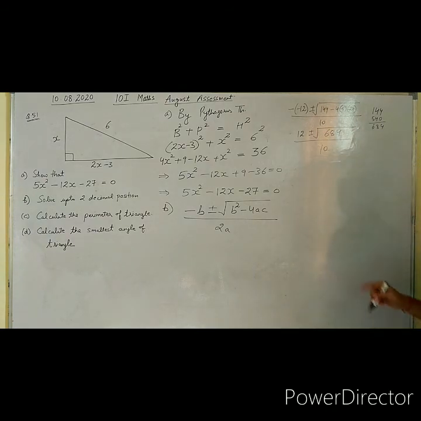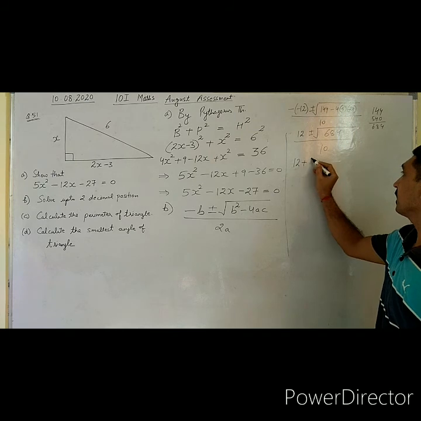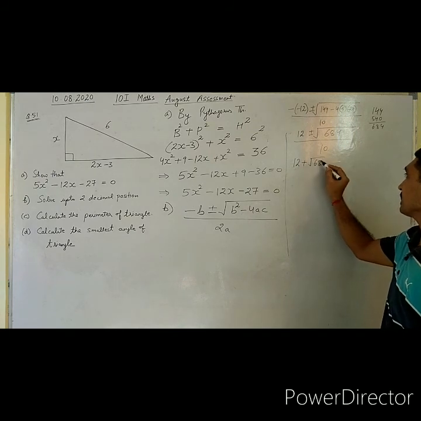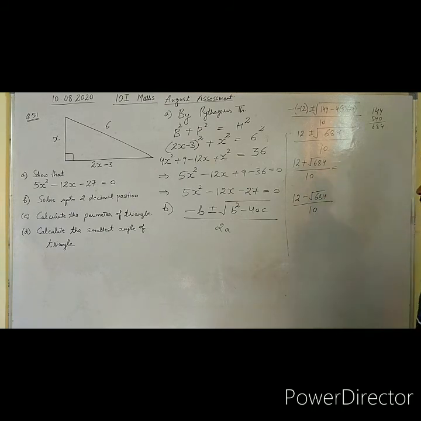So here we get two values. One value is 12 plus under root 684 upon 10, and another is 12 minus under root 684 upon 10. With the help of your calculator you can find the positive value, that is 3.82, right?